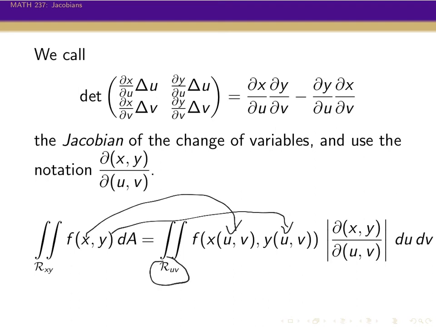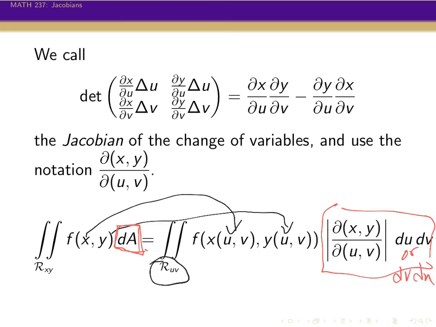I wrote R sub uv just to recognize that we're treating the region now in terms of u and v rather than in terms of x and y. And then dA is being transformed into the absolute value of the Jacobian times du dv. And again, I put in du dv, it could be dv du, depending on which variable you want to integrate in terms of first. So du dv or dv du.